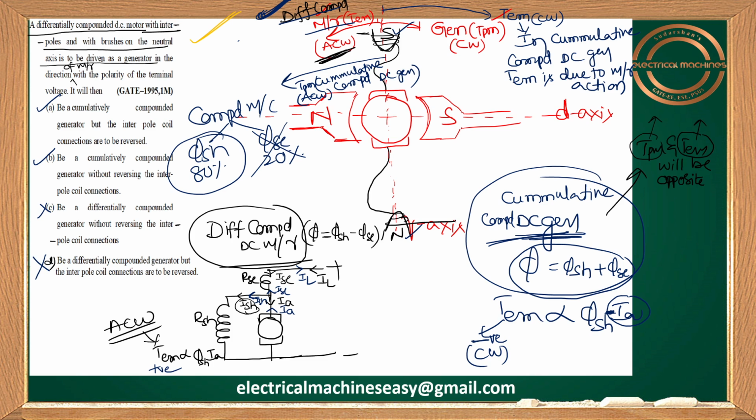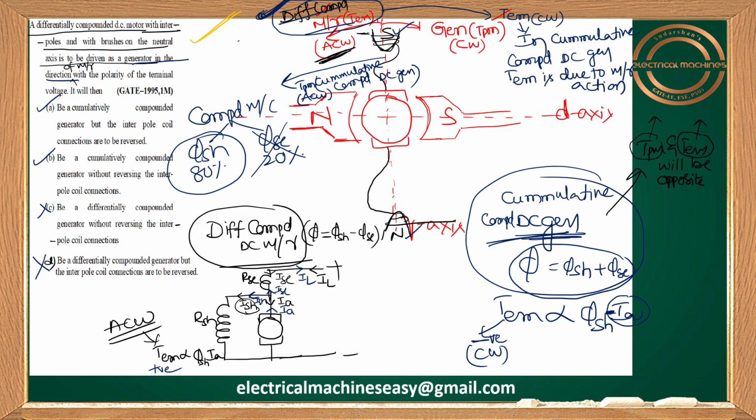He just wants to drive this motor as a generator in the direction of the motor, that is, in the direction of the differential compound motor. He wants to run the cumulative compound DC generator in the direction of the differential compound motor. Previously I took the direction of the differential compound motor as anti-clockwise, and now this is also anti-clockwise. Obviously the answer is among option E and option B.